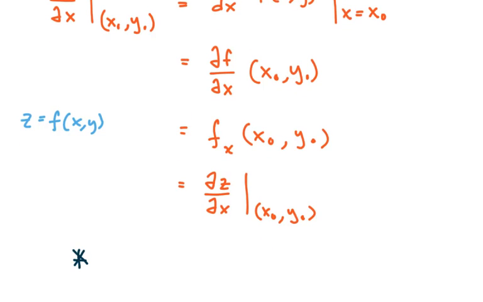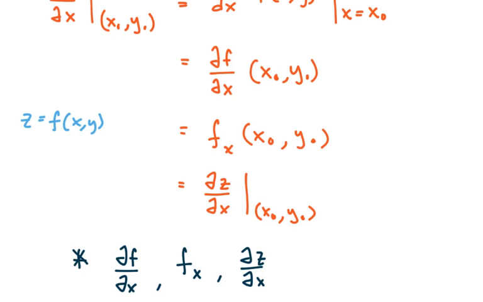As a note, you might see just partial f, partial x, or the derivative of f with respect to x, partial z, partial x. So these notations don't have a point there. They're not the derivative at the point. That's the general derivative or the general partial derivative.